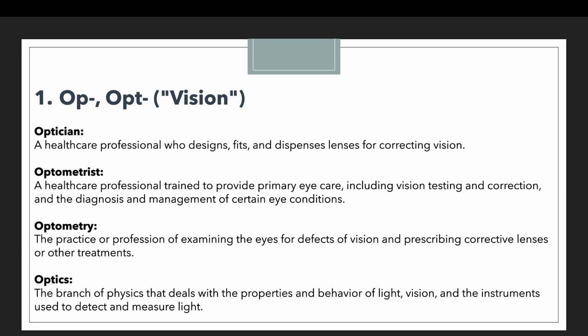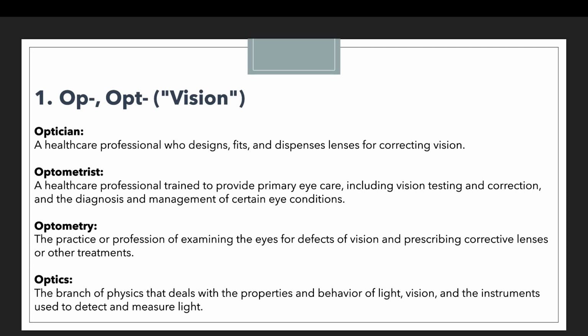Optometrist means a healthcare professional trained to provide primary eye care, including vision testing and correction, and the diagnosis and management of certain eye conditions. That professional is known as an optometrist. So optometrist is clear, optician is clear, and in both terms we are using the prefix opt.